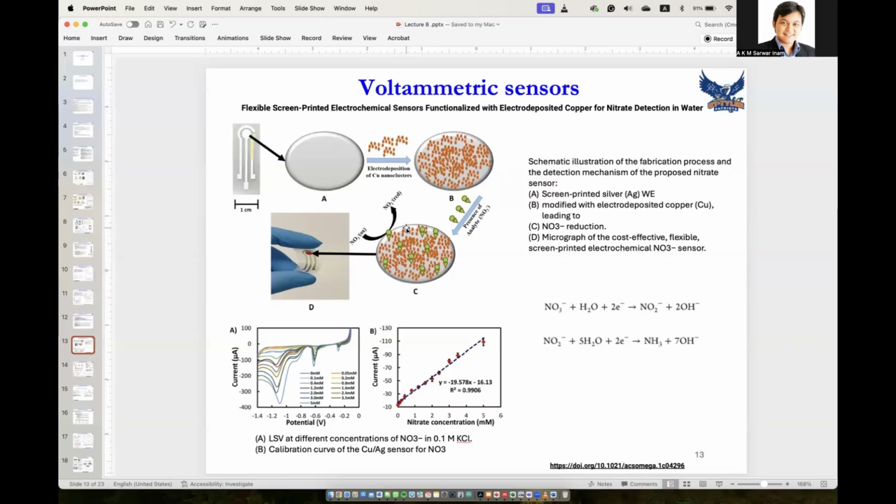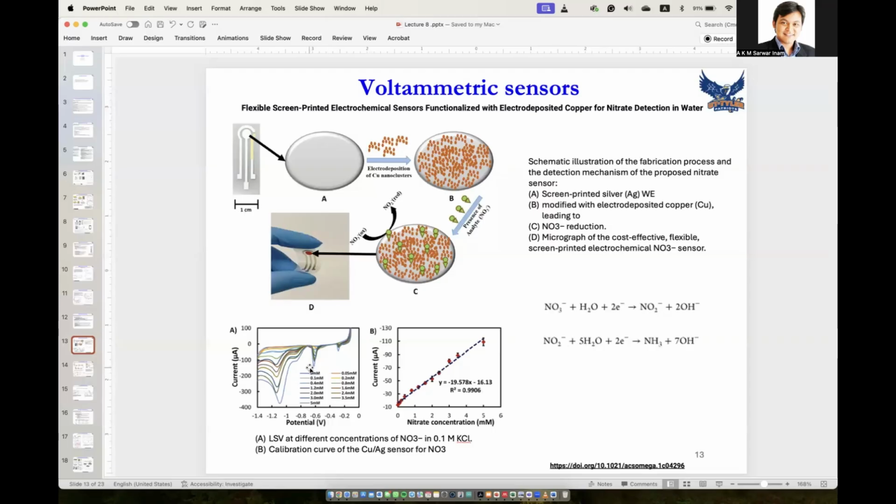And very briefly, you can see here the silver chloride ink was screen printed on top of the reference electrode, and for both the working electrode and counter electrode, we used the silver ink for screen printing on top of the PET substrate. And here you can see the reaction. Okay, I'm at first discussing these two curves.